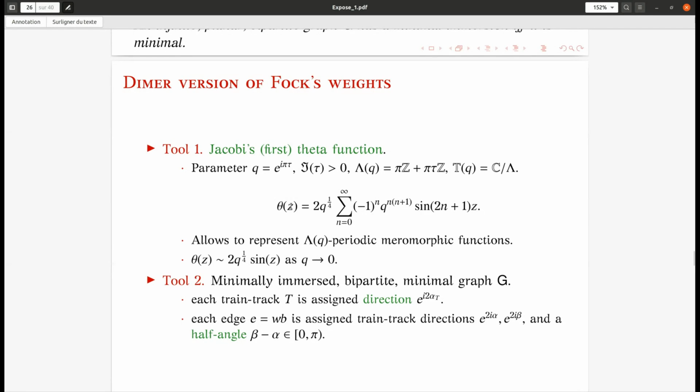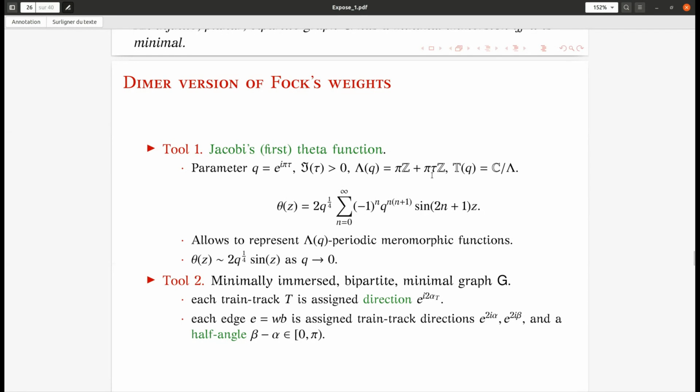I have not written it, but it also depends on q, and it's defined as follows. And why are these important? Because they are the building blocks of lambda-periodic meromorphic functions on the torus. If you want to construct meromorphic functions on the torus, these are the basic building blocks. So they're kind of fundamental functions. A theta function itself is not periodic. It's periodic in the horizontal direction, but it has some non-trivial period in the vertical direction.